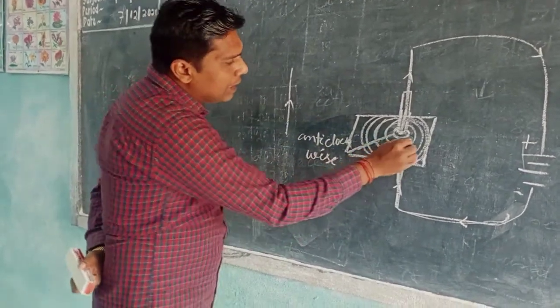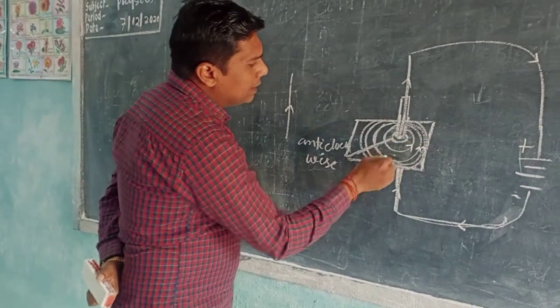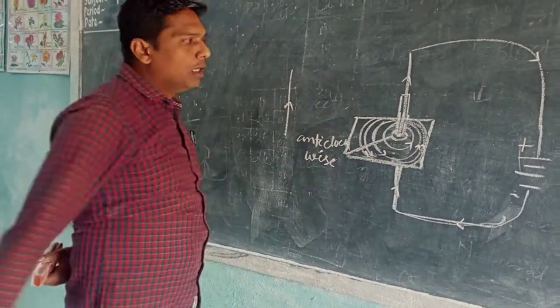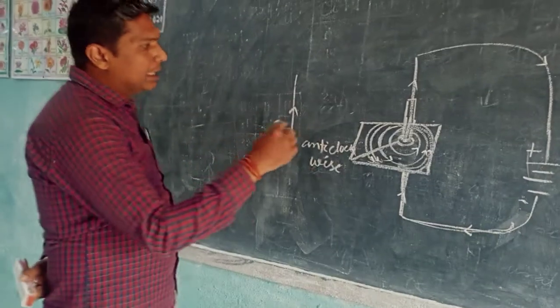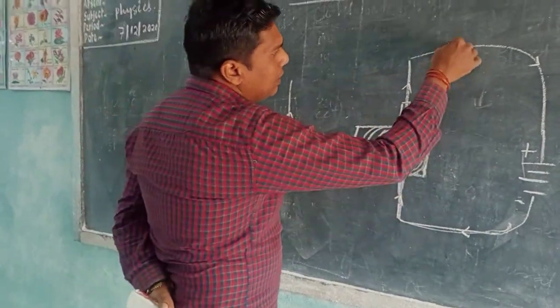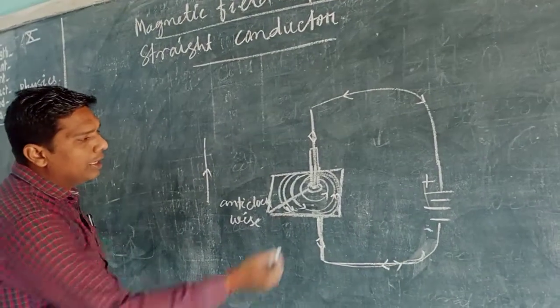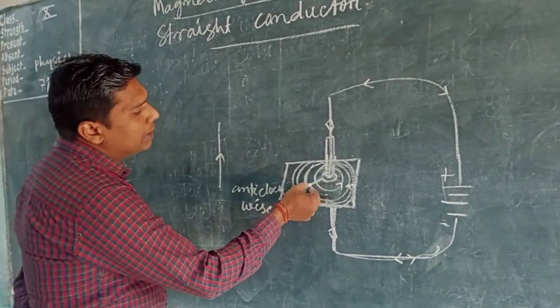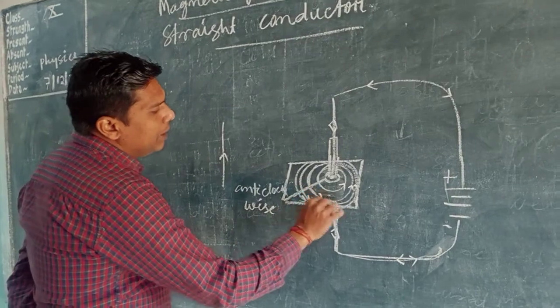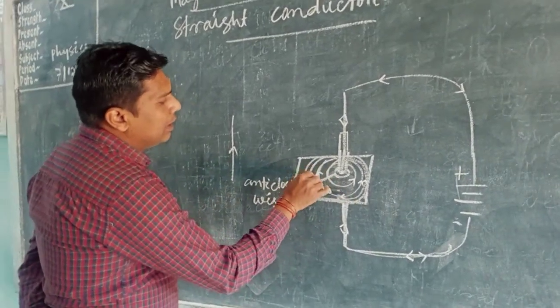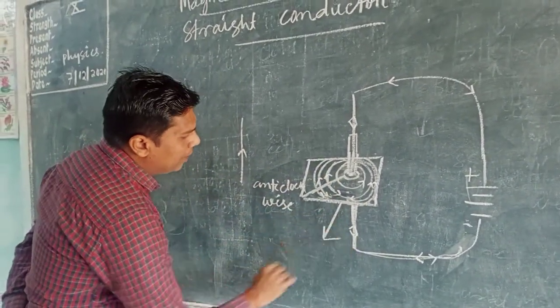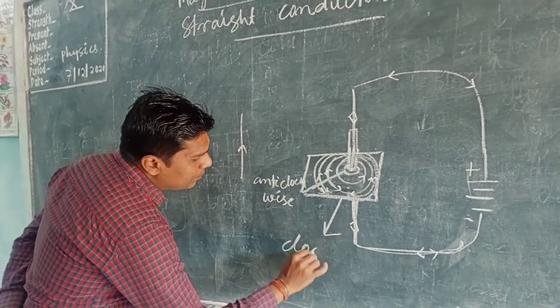But when the direction of current changes, suppose we change the direction of current like this, the direction of the magnetic field also changes. That means it becomes like this. This is clockwise.